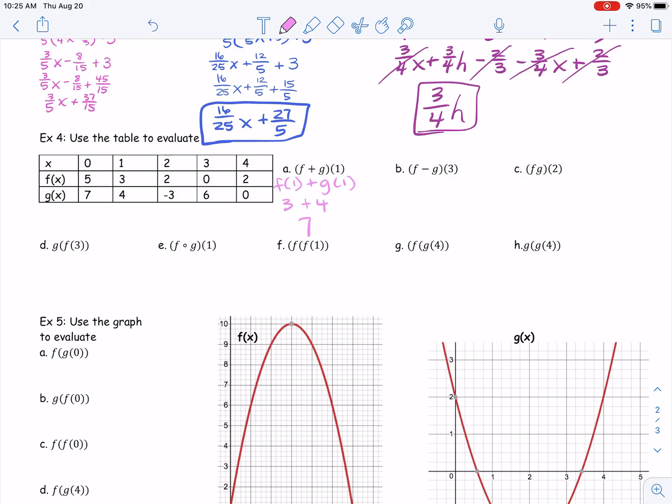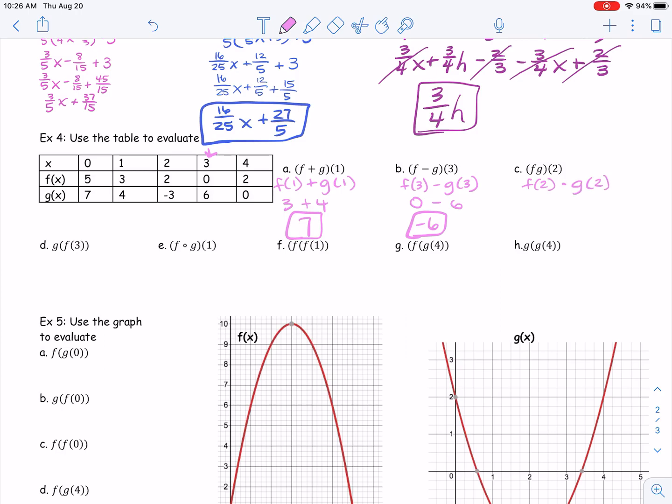I would suggest in the beginning rewriting these operations just to help you out, that f minus g of 3 is the same thing as f of 3 minus g of 3. So again, my x value is 3, so I'm looking at this column right here. F of 3 is 0, g of 3 is 6. 0 minus 6 is negative 6. Part C, breaking that apart, f times g of 2 is the same thing as f of 2 times g of 2.